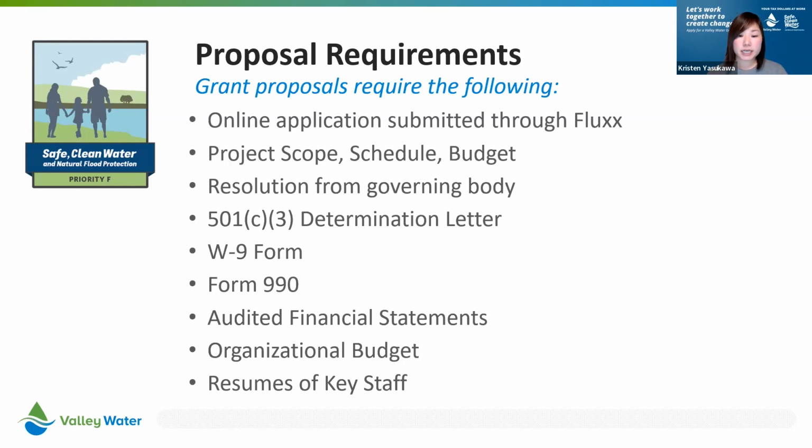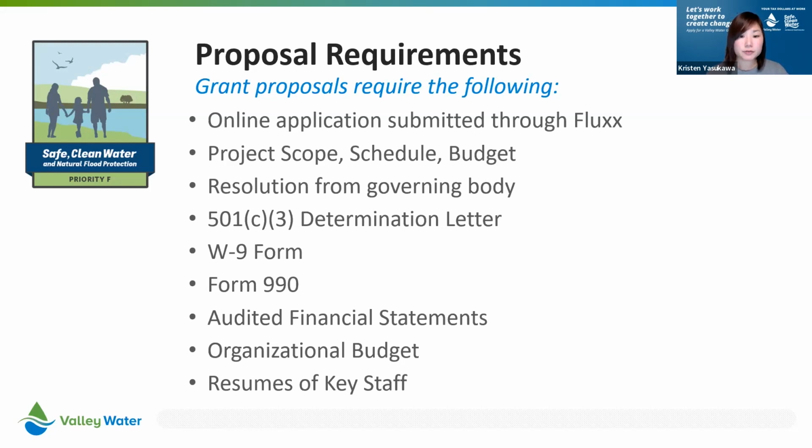So if you have a city council or a board of education or board of directors, we would need to see a resolution from that governing body saying that they approve the application for the grant funds, and if they're awarded, they will move forward with the project. We do have a template of what that resolution language needs to include to meet our criteria, and that is downloadable on our website as well as from the Flux application.